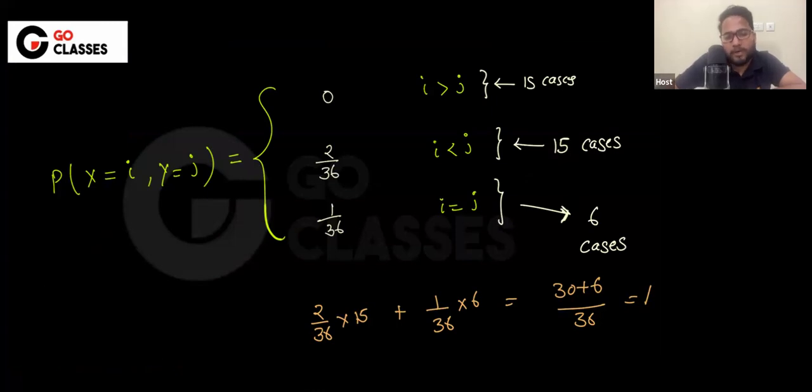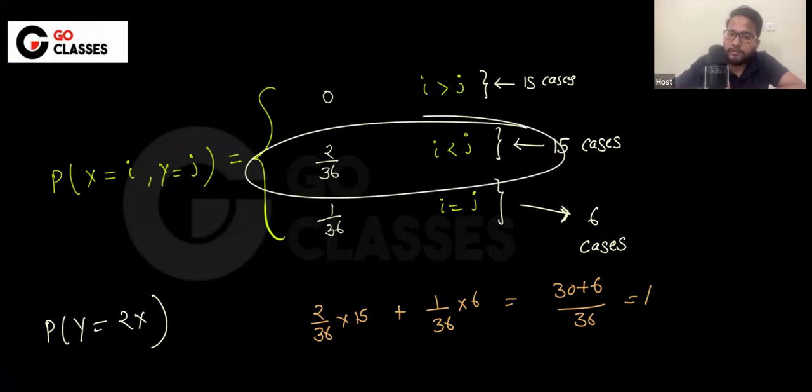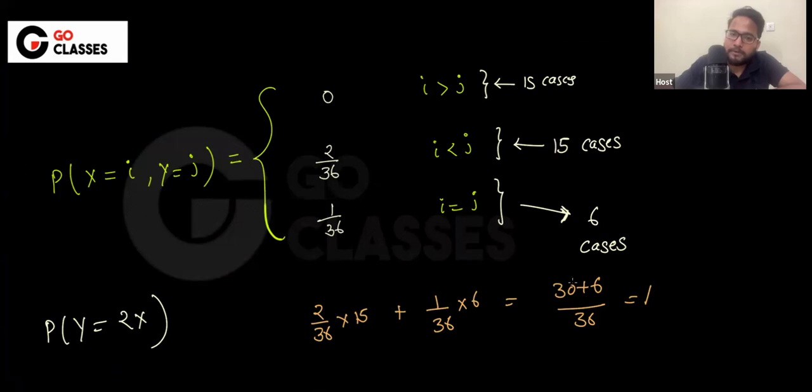So what is the probability that y being double of the x? It lies under which case? I think it lies under this case. So what is the probability? I mean, it will be kind of 2 by 36, but how many 2 by 36 will be there?